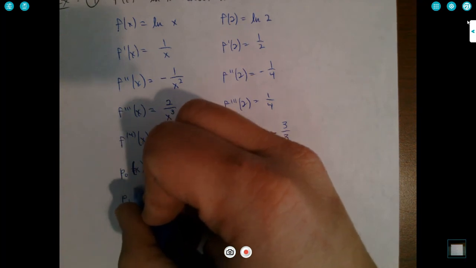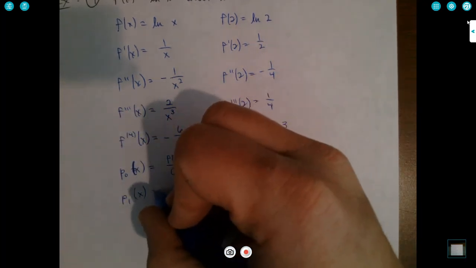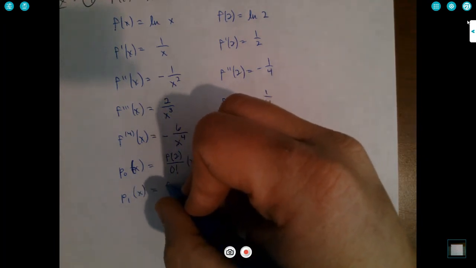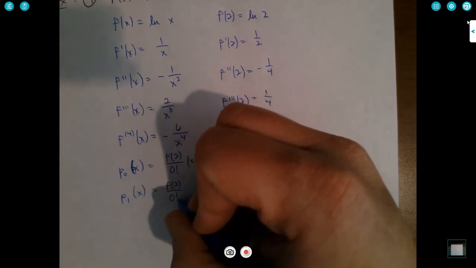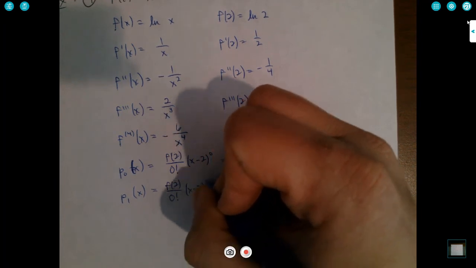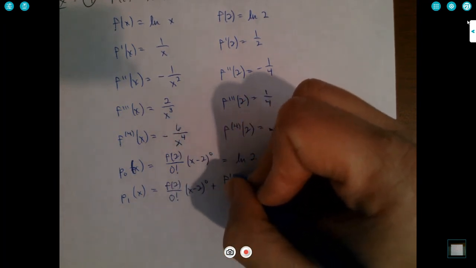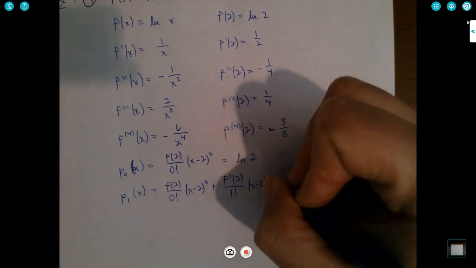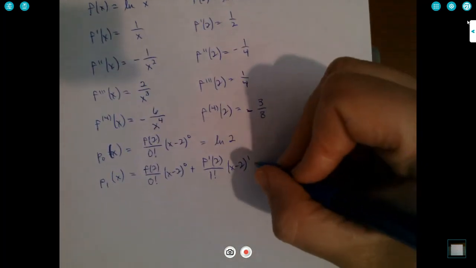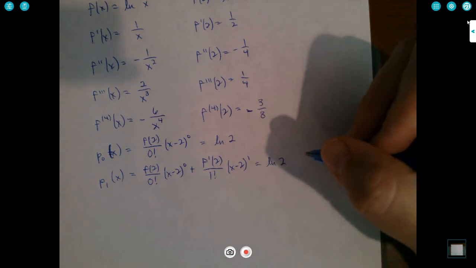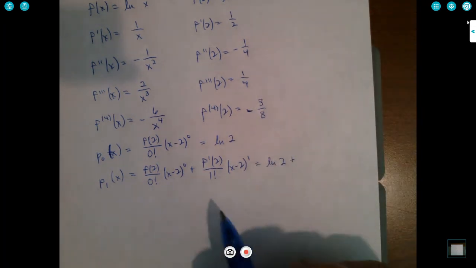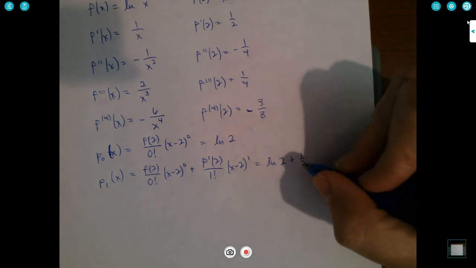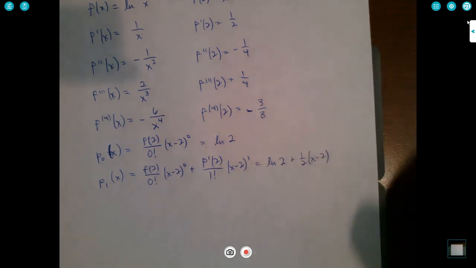Okay, the first Taylor polynomial is going to be f of 2 over 0 factorial times x minus 2 to the 0 plus f prime of 2 over 1 factorial times x minus 2 to the first. That's going to be ln of 2 plus, this is 1/2, this is 1, so it's going to be 1/2 times x minus 2.